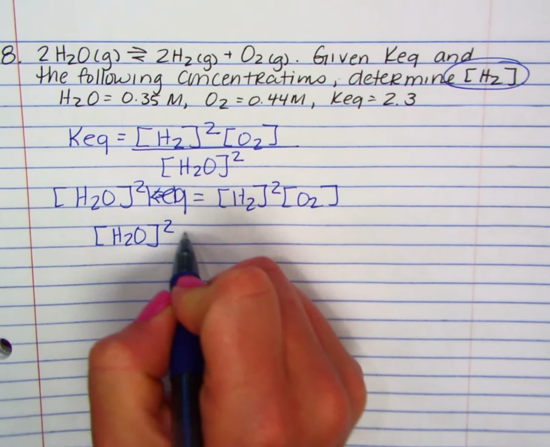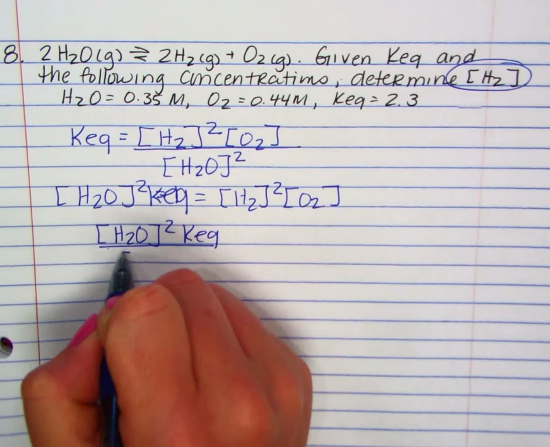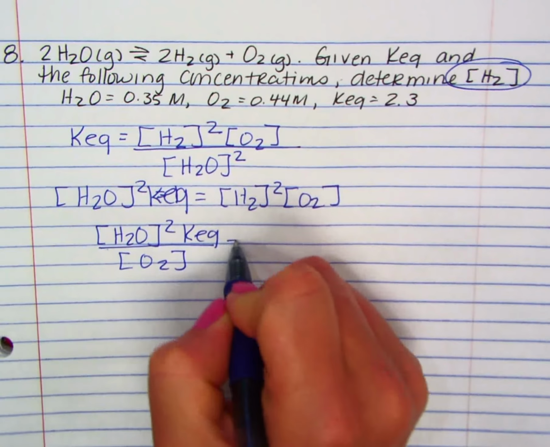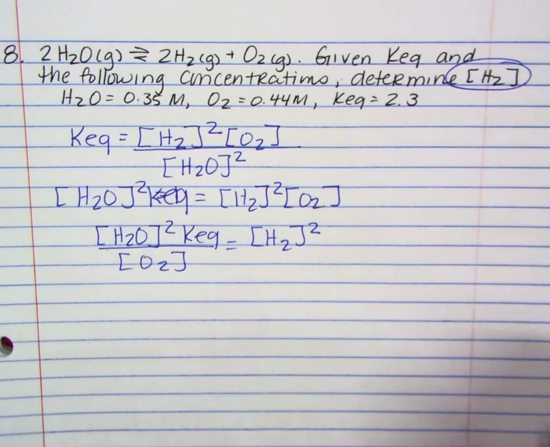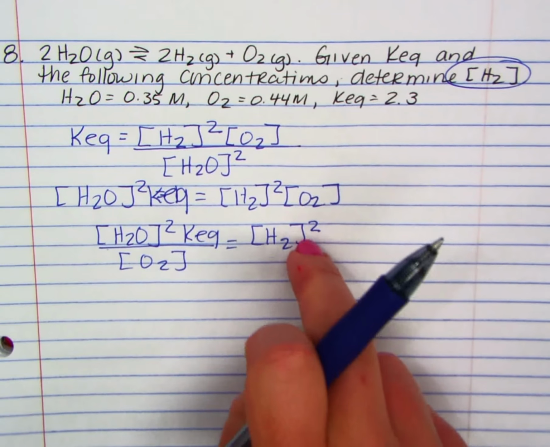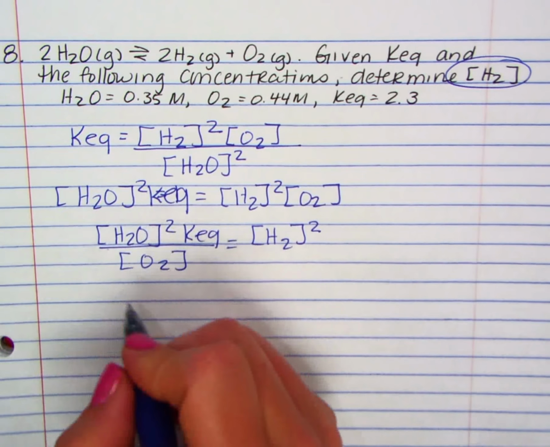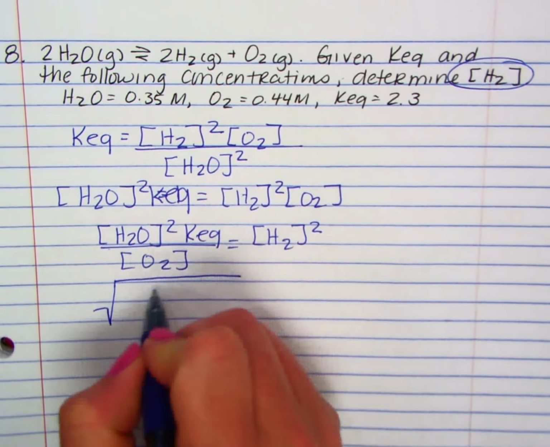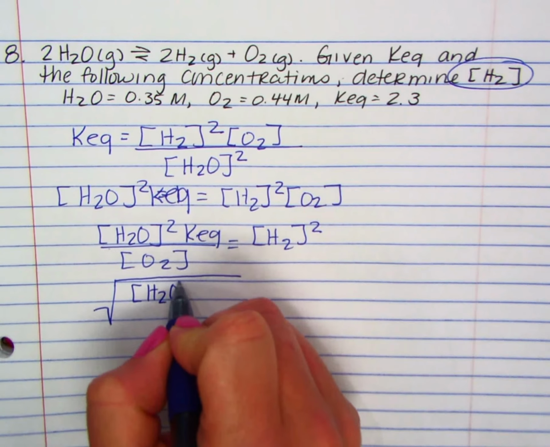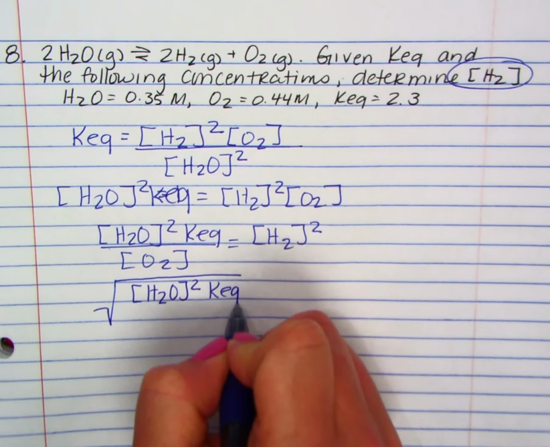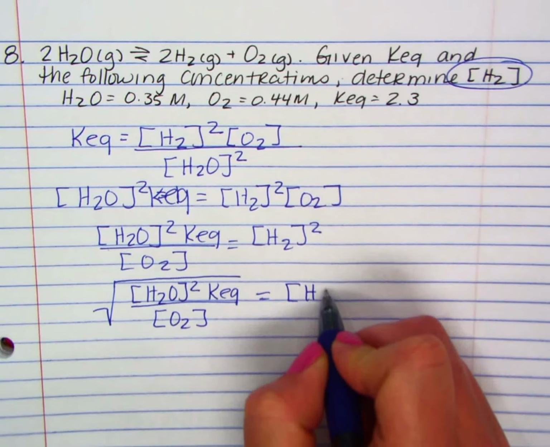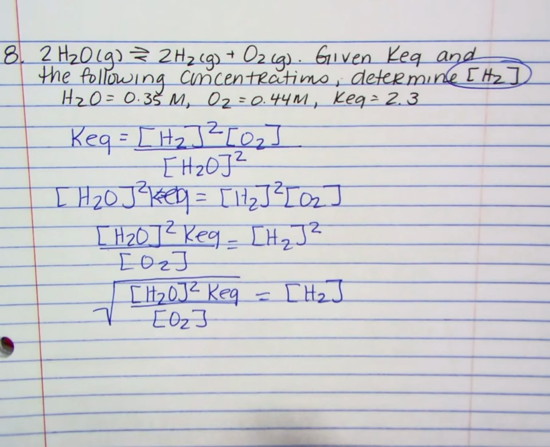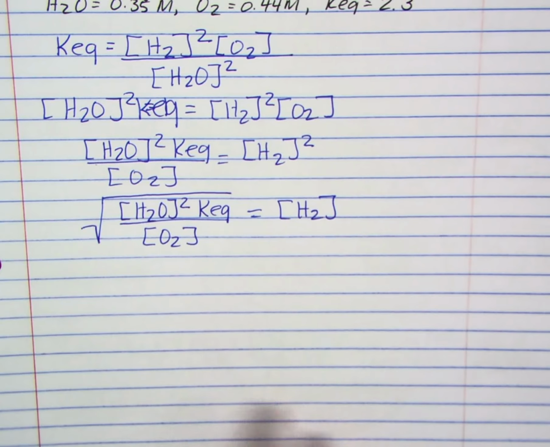H2O squared, KEQ over O2 equals H2 squared. Okay, and then just like I did in the previous problem, I need to get rid of that power of 2, so I'm going to do the square root of this side.